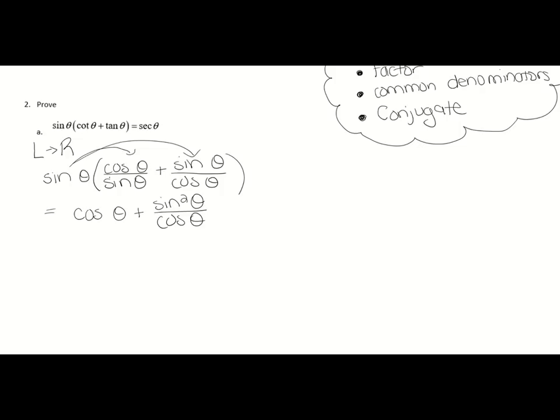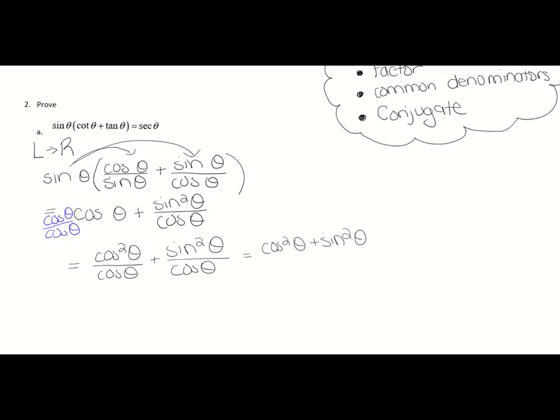Now I will do a common denominator of cosine theta. So this is going to give me cosine theta over cosine theta. And so I'm going to get cosine squared theta over cosine theta plus sine squared theta over cosine theta. The whole purpose was to combine the fraction. So I'm going to have cosine squared theta plus sine squared theta over cosine theta.